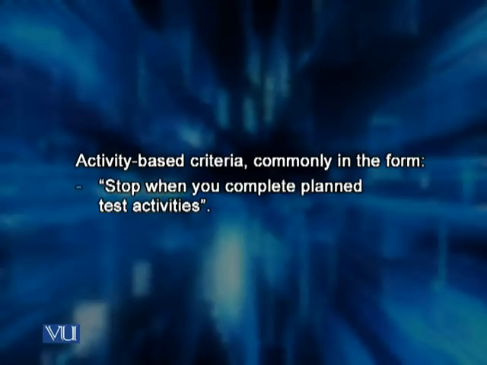But if you look at it from the activity-based criteria, you can answer the question commonly in the form: stop when you complete planned test activity. And here you can be sure about your answers that you have met the tasks that you had planned long before software testing actually started.